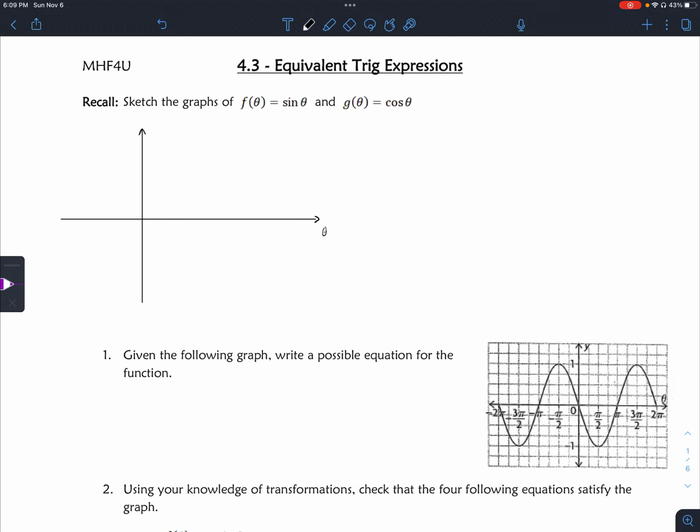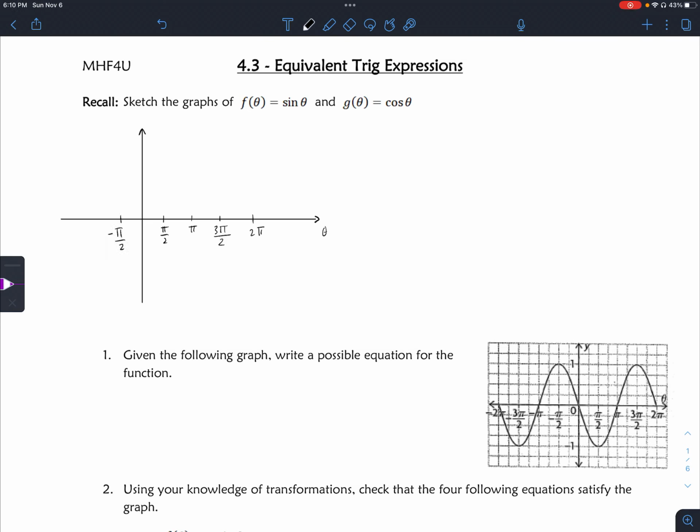Okay, so recall that 90 degrees is pi over 2 radians. 180 is pi radians. 270 is 3 pi over 2 radians, and then 360 is 2 pi radians.